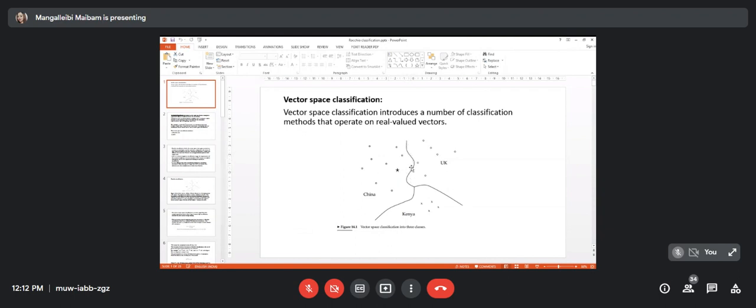So this is the boundary. This curved line which separates the three classes is known as the decision boundaries. So this one we call decision boundaries. China does not overlap with UK. UK class does not overlap with Kenya class.